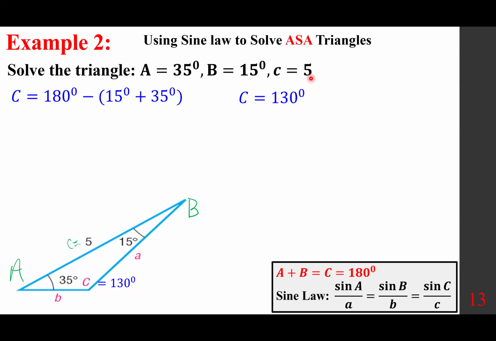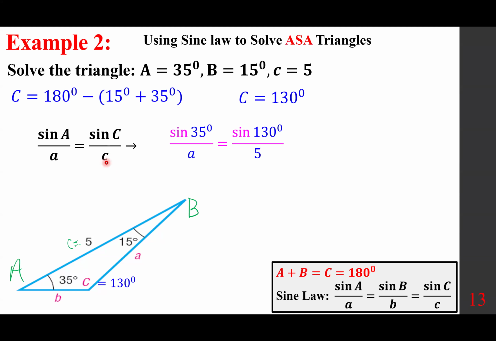Since we have lowercase c, that means we are going to use sine C over c, and it doesn't matter which one you go with. For example, the first one, sine A over a equals sine C over c, okay? And that makes it sine of 35 degrees over missing a, equals sine of 130 degrees over 5.